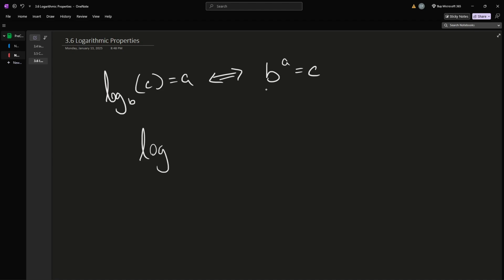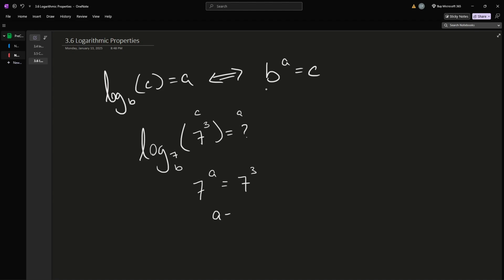Log base 7 of 7 cubed equals what? To solve it out, we label it B, C, and A. And you convert it over here: 7 to the A equals 7 cubed.